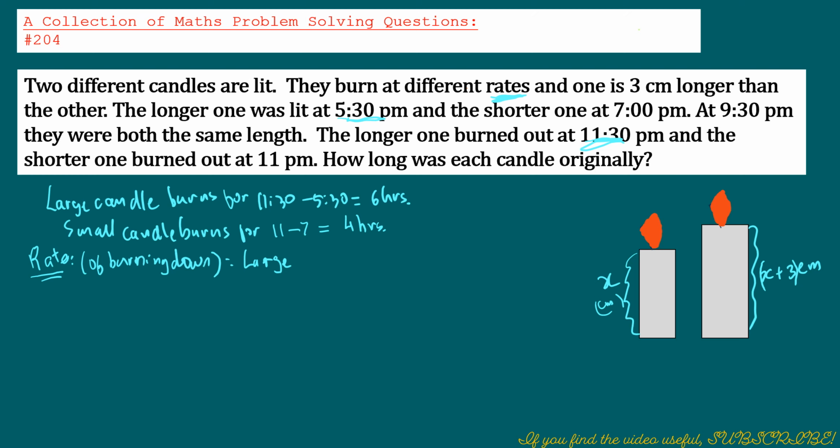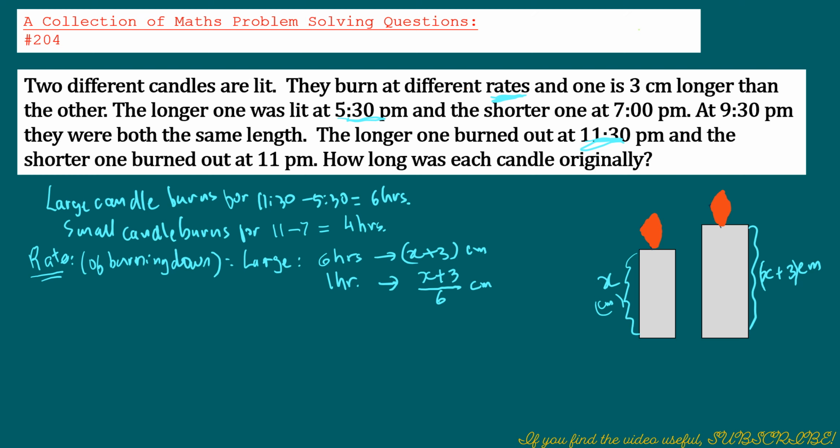So in 6 hours it burns x plus 3 centimeters. So in 1 hour it would burn x plus 3 divided by 6 centimeters per hour. That's the rate.